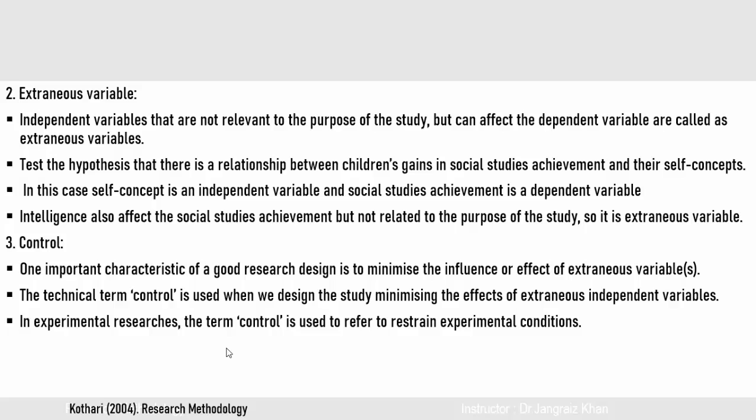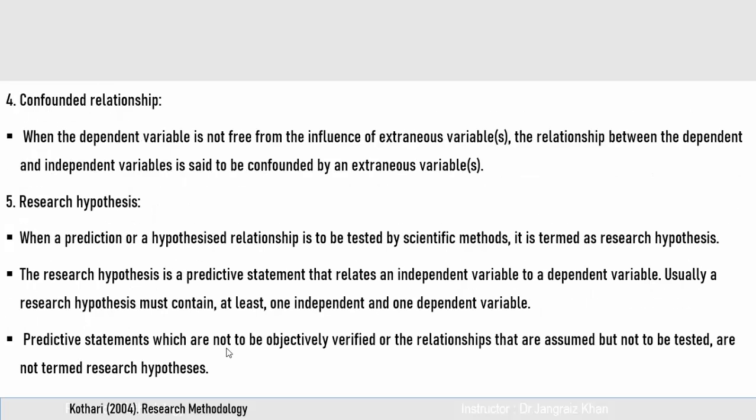So control means to restrict the interference of the non-relevant variables. Confounded relationship. When the dependent variable is not free from the influence of extraneous variables, the relationship between the dependent and independent variable is said to be confounded by extraneous variables.